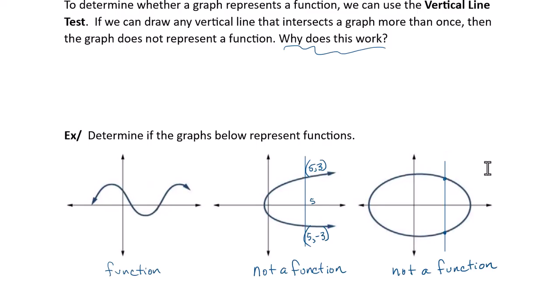Over here, the same thing. Maybe this is 4, and this would be (4, 3), and this would be (4, -3). Okay, we have a single value of x that ends up going to two different y values. So this one is not a function. And the reason the vertical line test works is that you're using the same x value and hitting those y values.